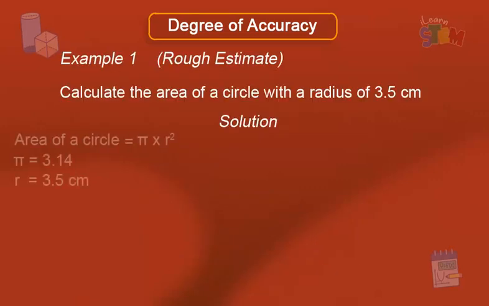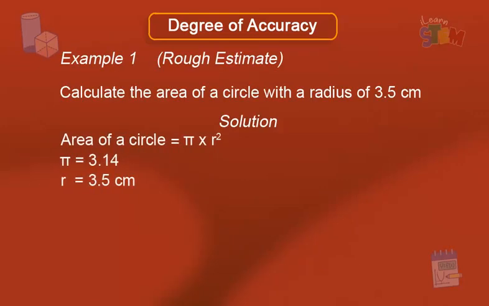We will use these values from the previous slide to solve for the rough estimate. First, let us approximate the values of pi and r to one significant figure. The significant figure in the number 3.14 is 3. Since the first digit after the decimal point, 1, is less than 5, we will round it down to 0, giving us 3 to one significant figure.